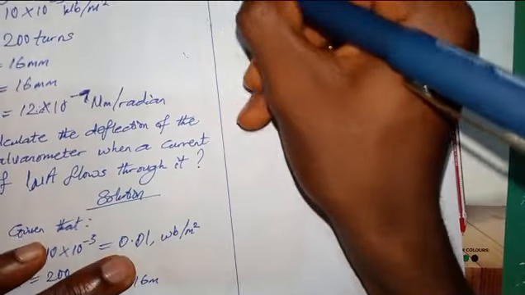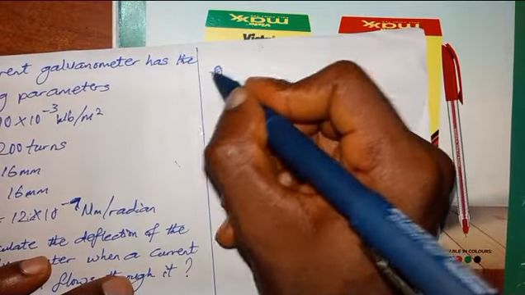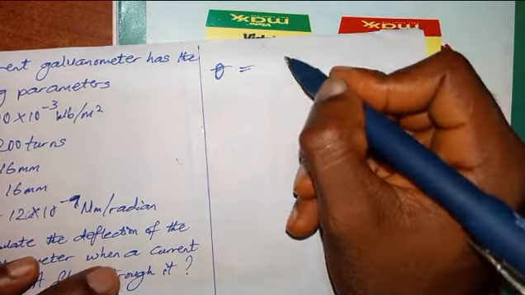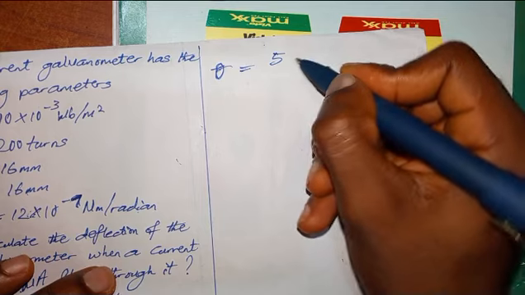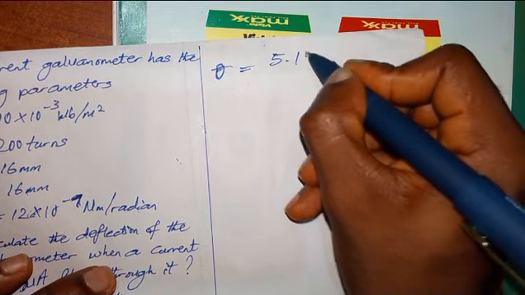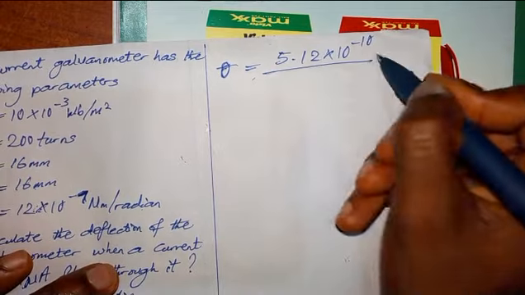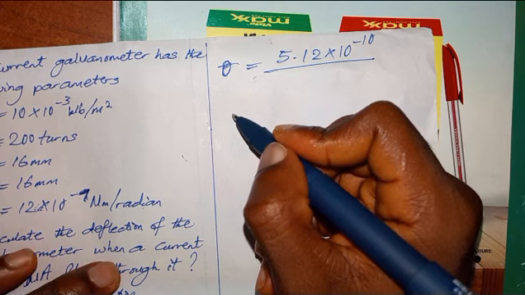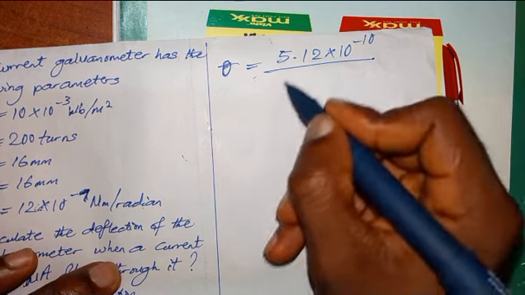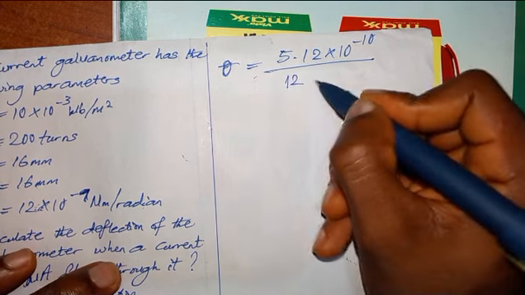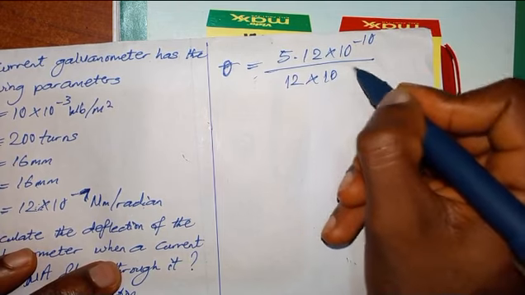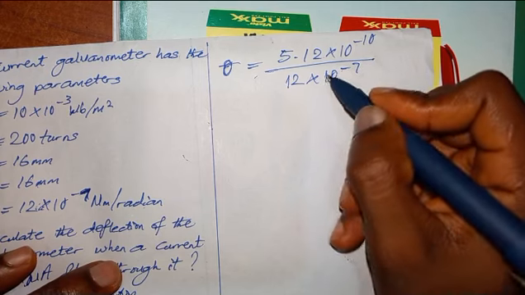So theta will be equal to, bringing the numerator I just solved, 5.12 times 10 raised to power minus 10, all divided by the constant k. K was given to be 12 times 10 raised to power minus 7.